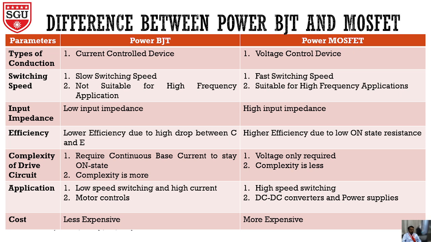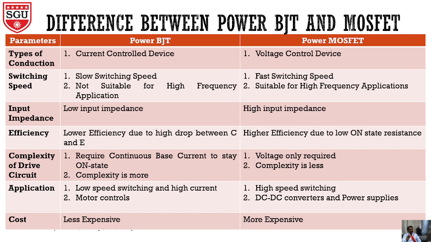Then the last one, cost wise. The power bipolar junction transistor is less expensive than the power MOSFET. Power MOSFET is more expensive. So power BJT is a current control device with low switching speed, low input impedance and low efficiency. It requires continuous current, therefore it has a complex driving circuit, and it is used for low speed applications and is less expensive.